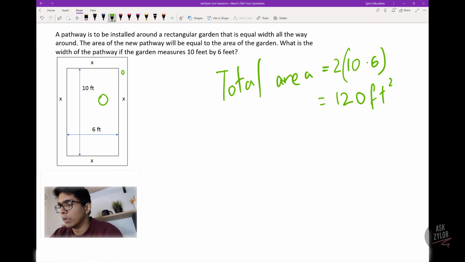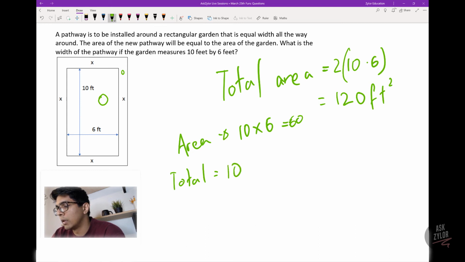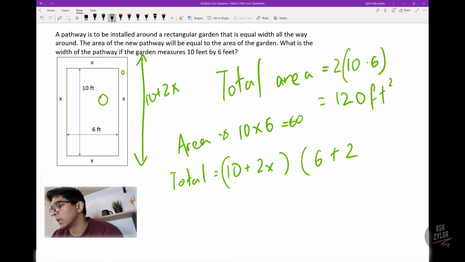So I'm going to write some equations. I'm going to write the equation for what the area of the inside is going to be. So the area of the inside is just 10 times 6 to give me 60. And the area of the whole thing is going to be 10 plus 2x for the total length, and my width is going to be 6 plus 2x, right?